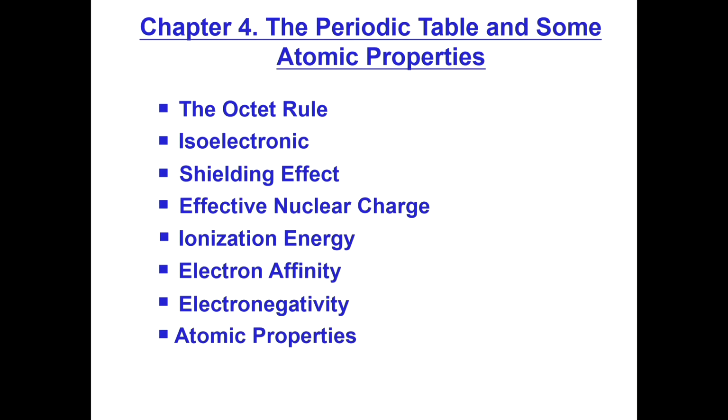Of course we can't get all the answers from this kind of question, but you can know a little about the properties, not only the atomic properties, but also the element properties. So first we introduce the octet rule, and also isoelectronic species, shielding, and so on.